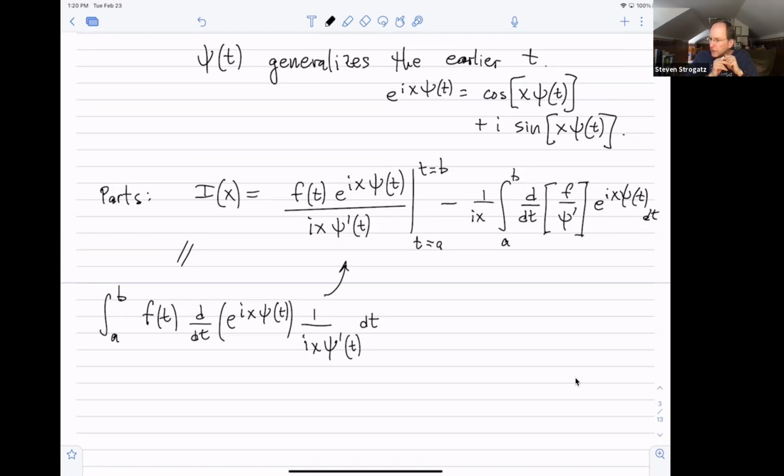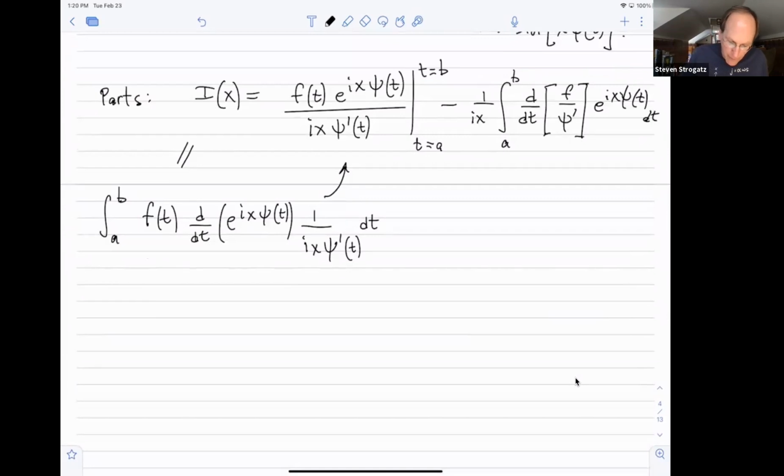So then, let's stare at this. Again, I have the two terms. Maybe I should circle them and discuss them separately. So there's this term.